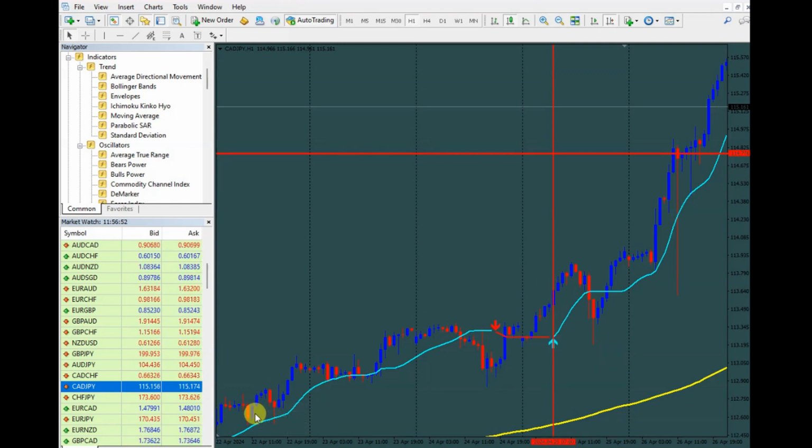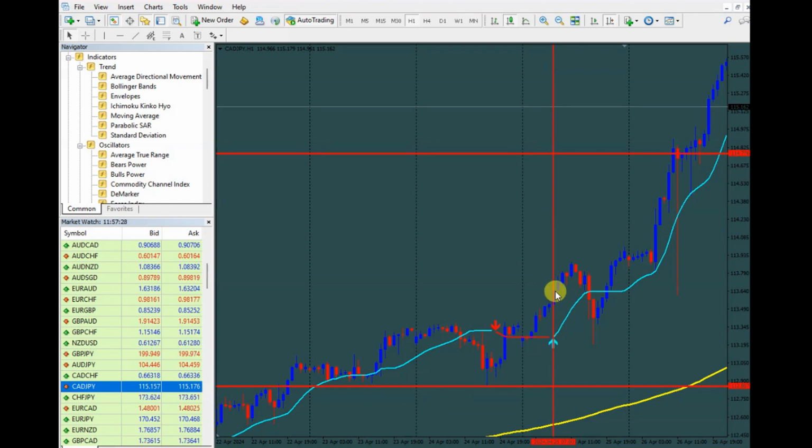So if trade number 1, which has not yet reached its target, was opened with a lot size of 0.1, when we get another signal in the same direction, we open with half of the original lot size. So here we have 0.05. And remember, at every point our stop loss is at the swing low. So this is the swing low before we get this signal.